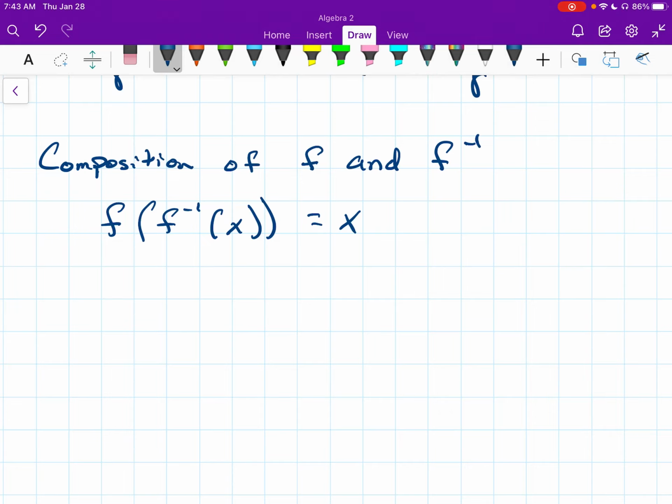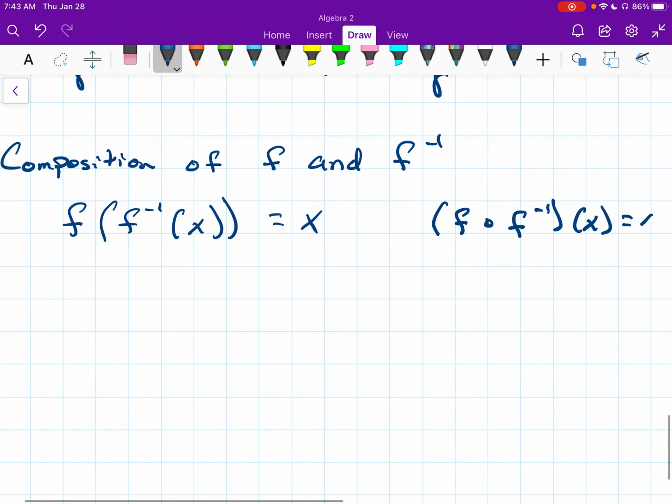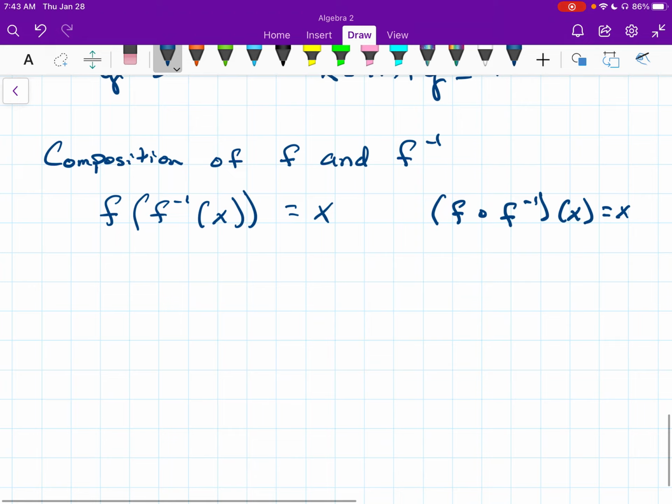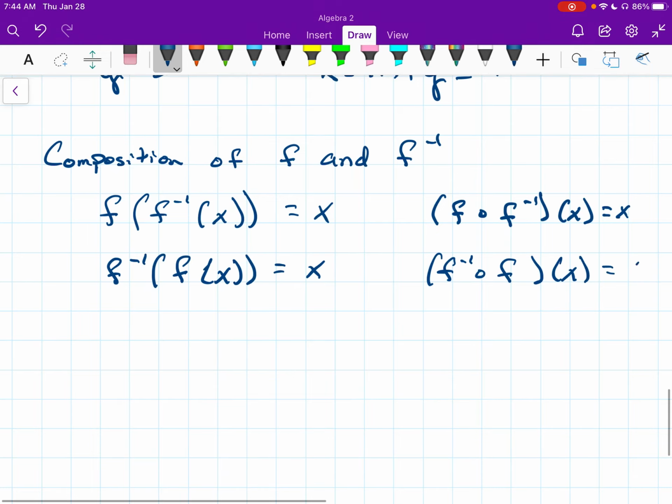The fancy way of writing this would be f composed of f inverse of x is x. And we can also write the reverse of this. F inverse of f of x is x. So we could write that as f inverse composed of f of x is x.